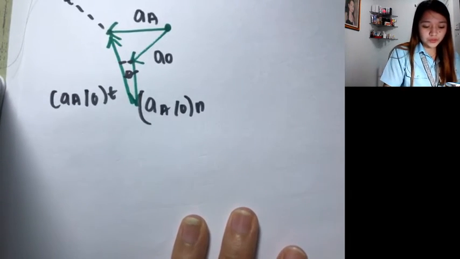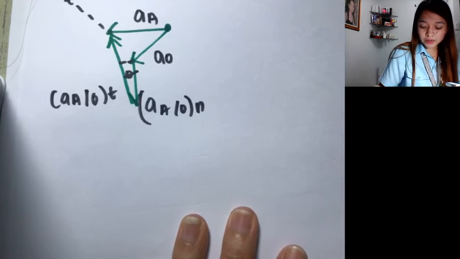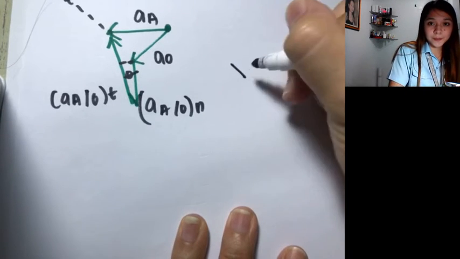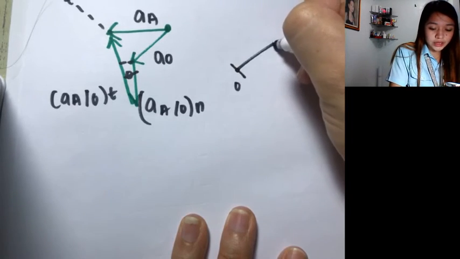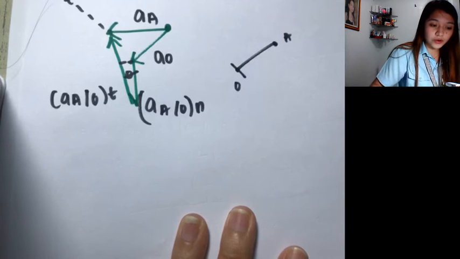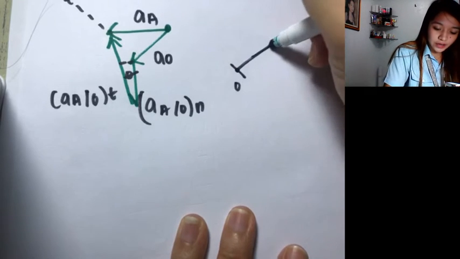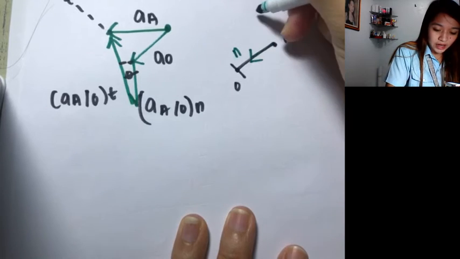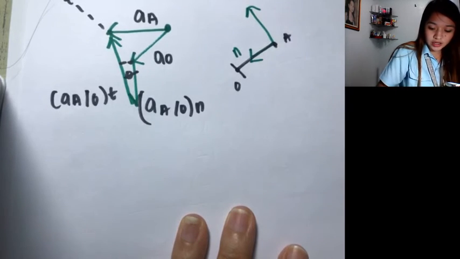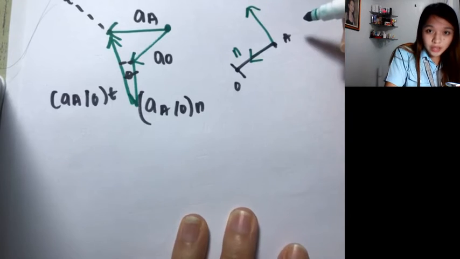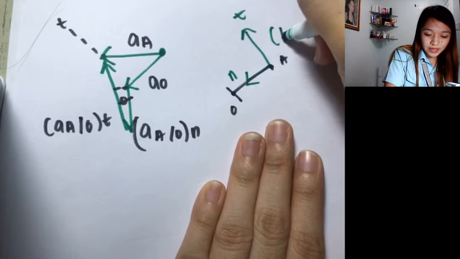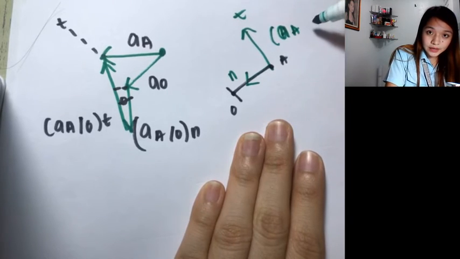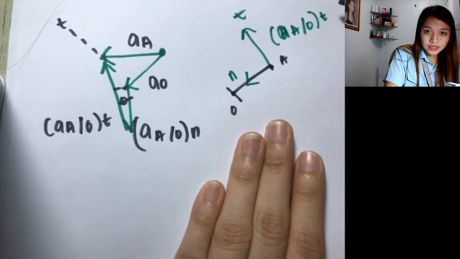So to further simplify this, imagine this is point O, point O to point A. So from point O to point A, we have here normal and then tangential. So for the tangential, we have A to O, T equals R sub O alpha.